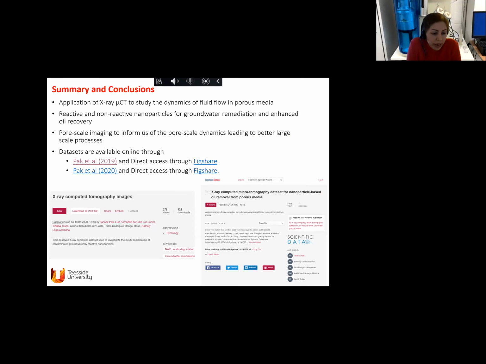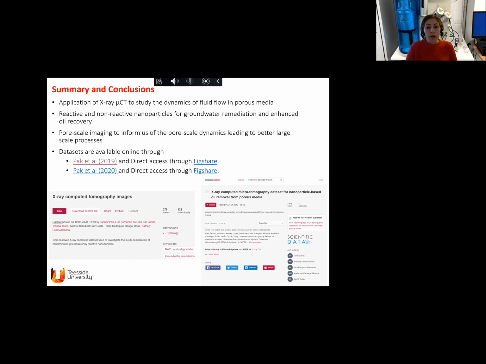So to summarize, I have tried to make a case for using nanoparticles in subsurface to try to look at impacting capillary trapping for different purposes, reactive and non-reactive nanoparticles in these two different case studies. Final point that I want to make is that we have published all of this data.